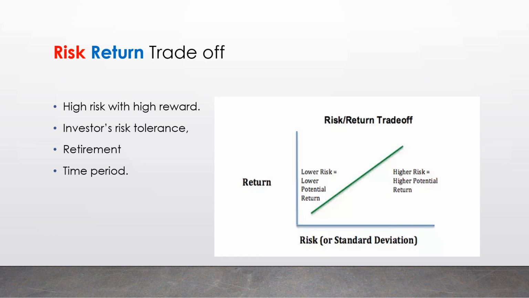While if an investor can only invest for a short time period, then those equities have a higher risk proposition and he has to bear that risk. So it depends upon the time, whether he is going for long term or short term. If he is going for long term, then he is able to recover those losses or risk, and he can invest in some new securities. So this is about risk return trade-off.